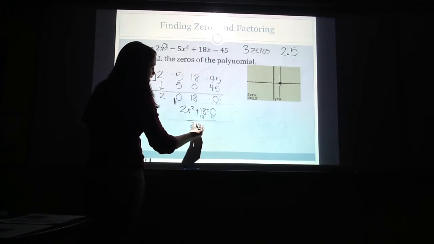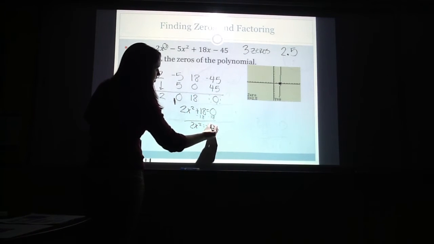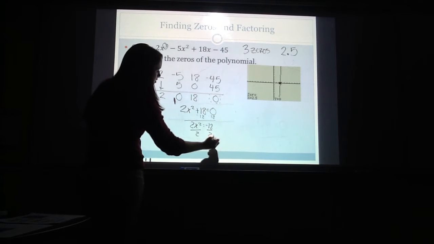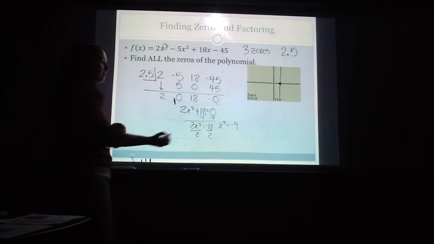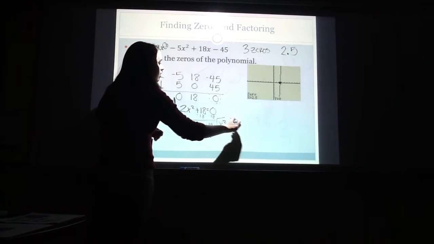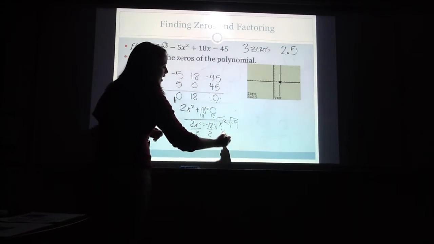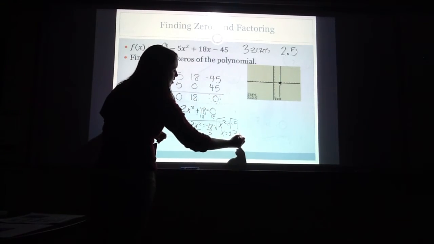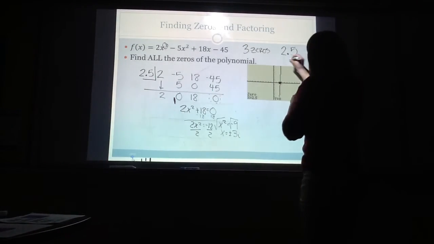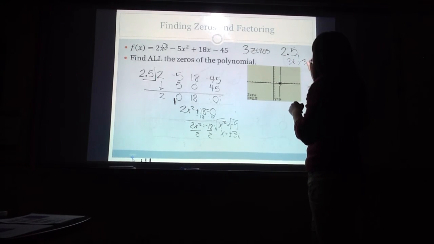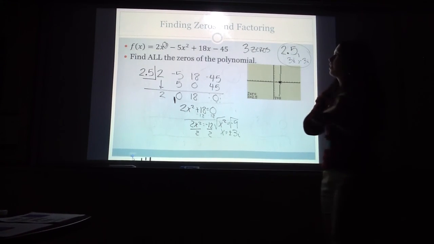We get 2x squared equals -18. Divide off your 2. X squared is equal to -9. And then take the square root. And we're going to get our other 2 zeros as plus or minus 3i. So our zeros are 2.5, 3i, and -3i. And we're done.